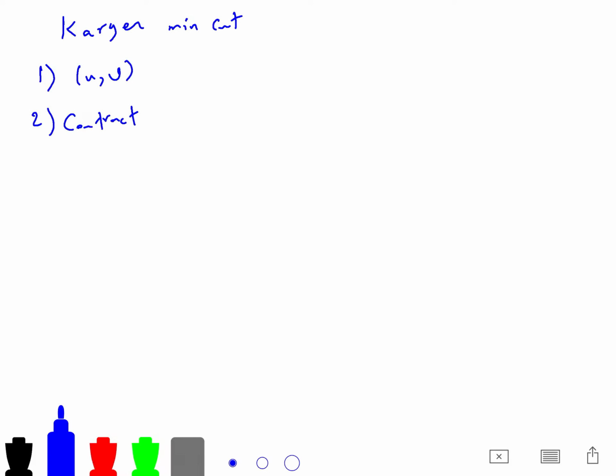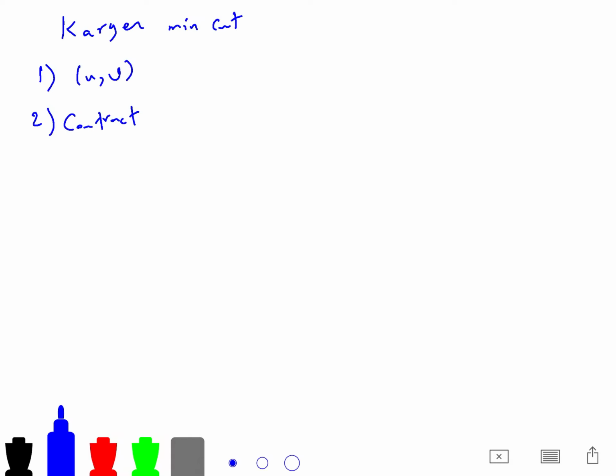We want to output the surviving edges as the min cut, because sometimes it goes wrong and it is not your min cut. But because at the end of the day we have a value for that cut after several times, that's why it's a randomized algorithm.